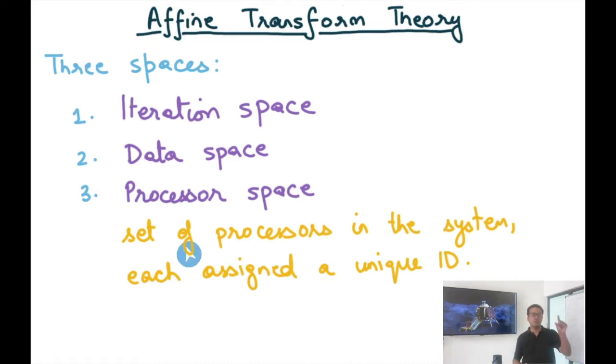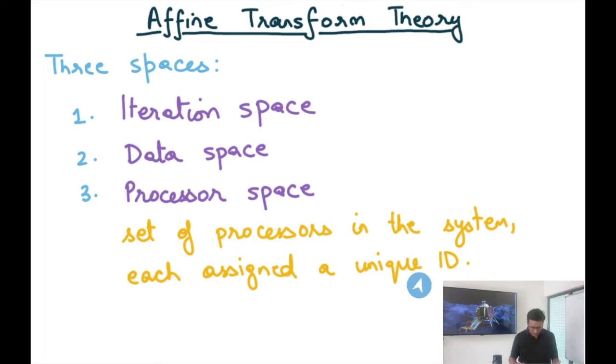We're going to say that this particular iteration, let's say (0,0), is going to execute on processor 2, and (0,1) is going to execute on processor 1, and so on. So we need some way of representing the processor space, and so we're going to have a third space, which represents the set of processors in the system, where each processor has been assigned a unique ID.